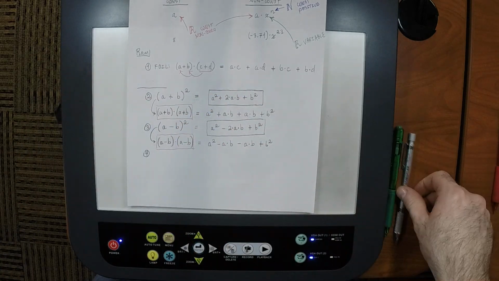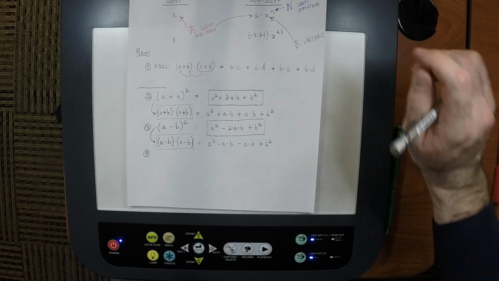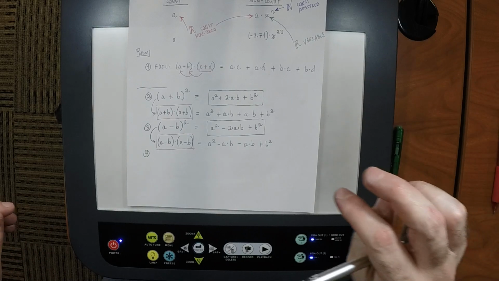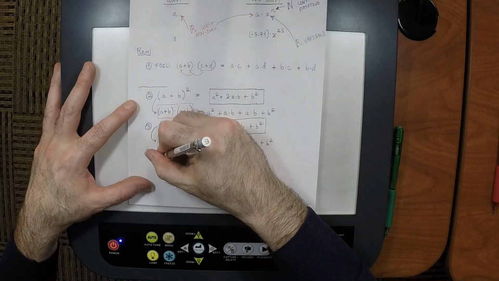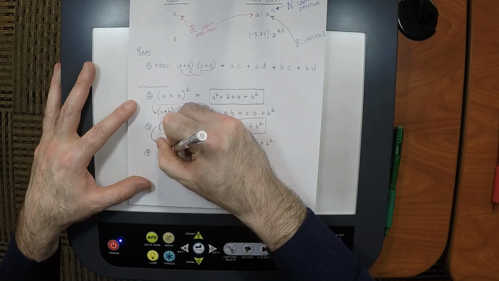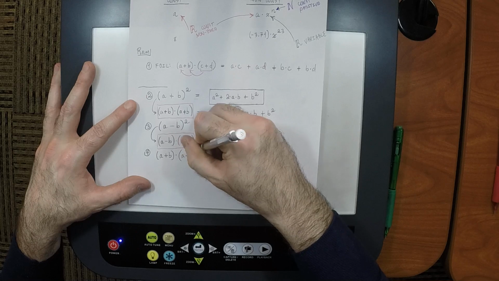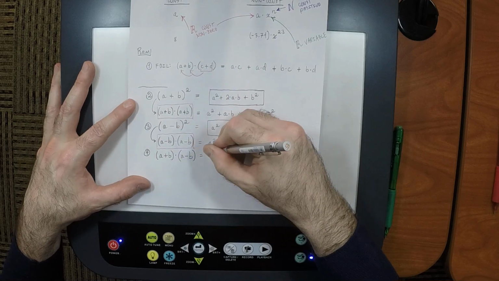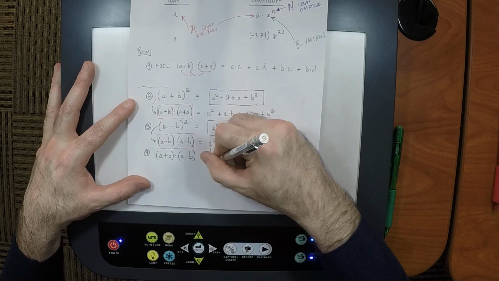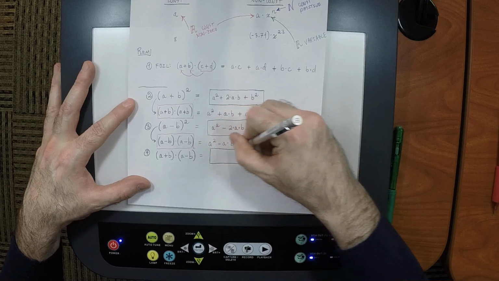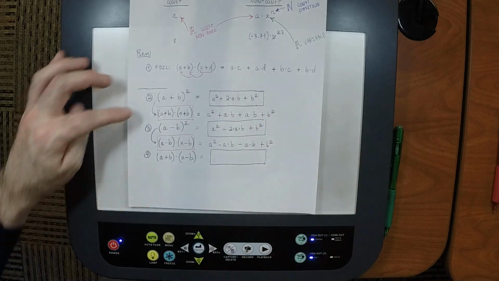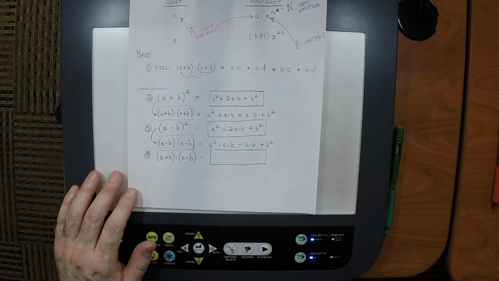So this last formula, let's take one of these and one of those. What I mean is that what about this one? A plus B multiplied by A minus B. And again, I'll give myself a box to write the answer in. And in the same way that we figured out the answer, I'd like for you to figure out the answer.